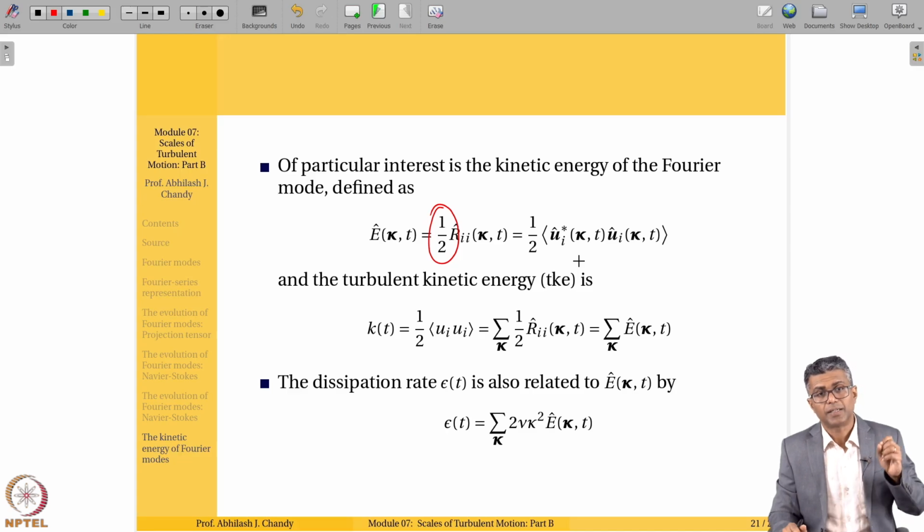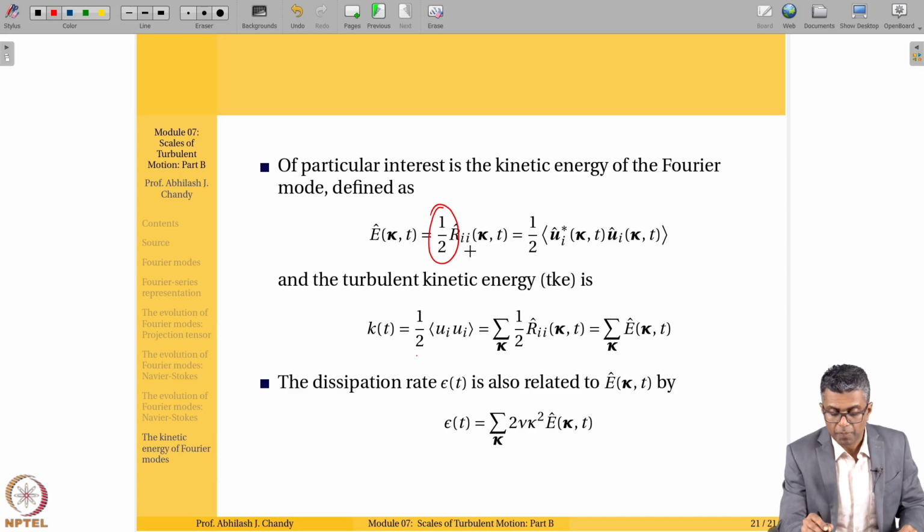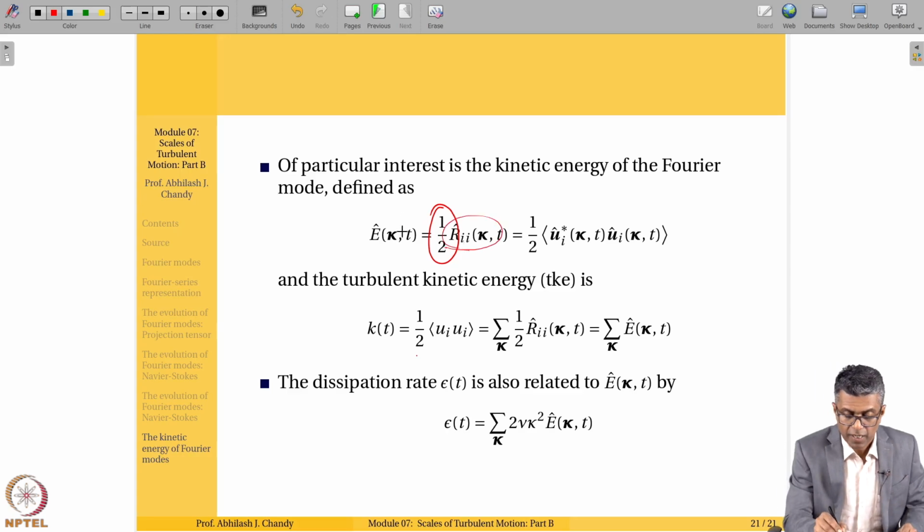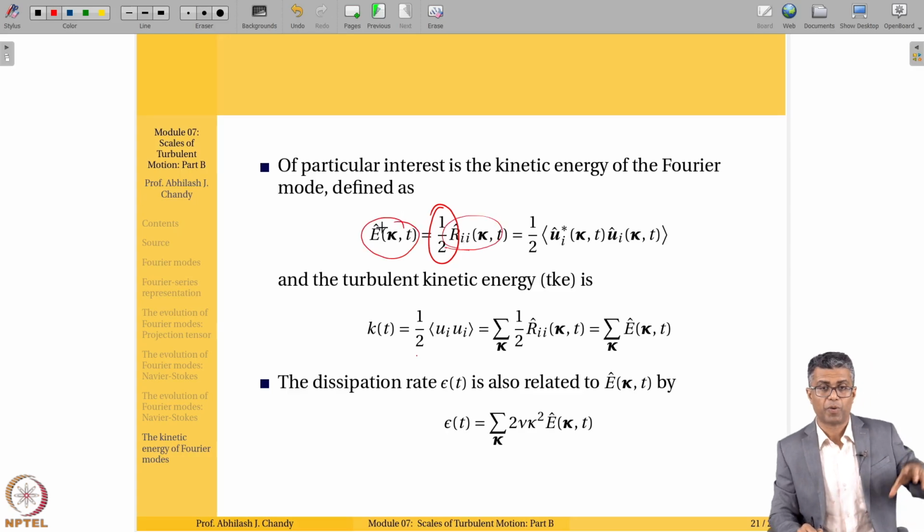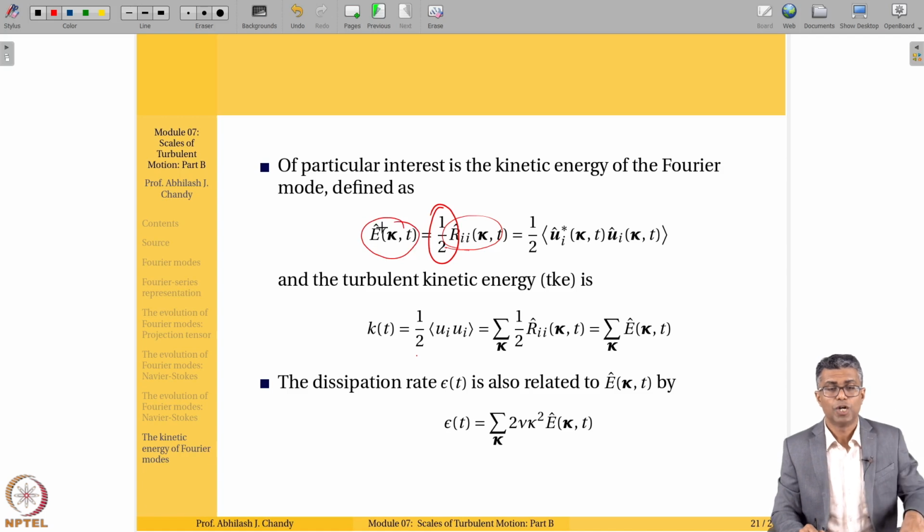And then the turbulent kinetic energy is, we know, half of the mean of ui. Because this right here is dependent on the wave number vector, and this right here is dependent on the wave number vector, we want a single value. So we sum it over all the wave numbers.